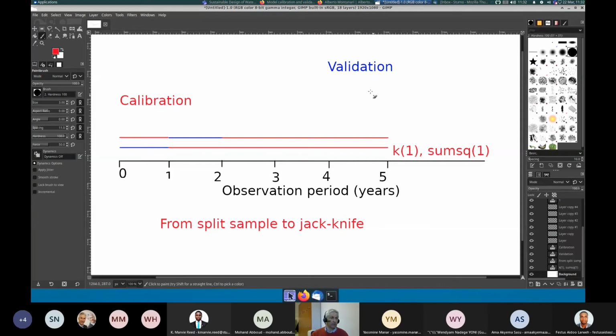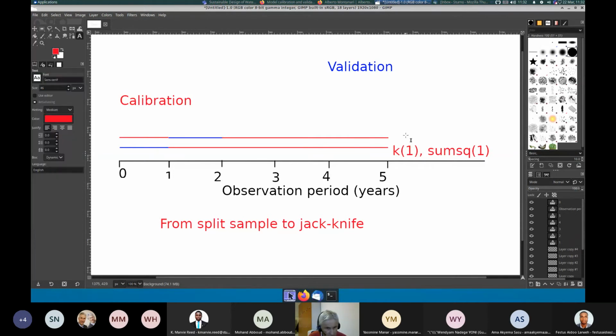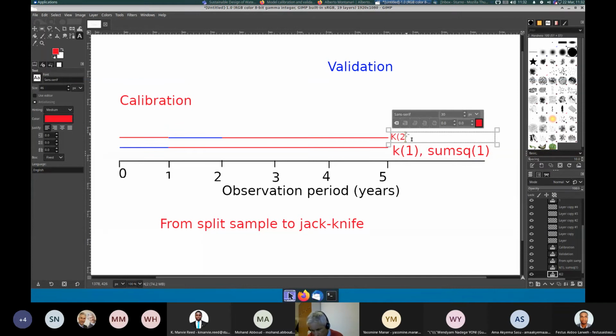Good. Okay, and this gives to me K2, sum of squares 2. Perfect.